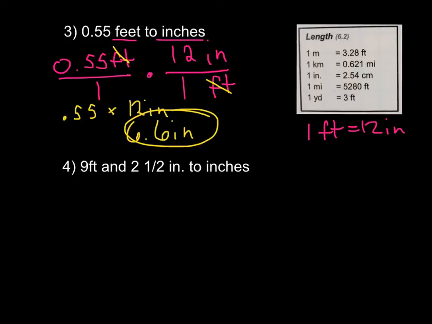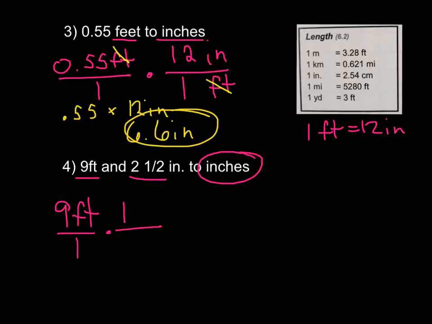Alright, so our next one, we've got 9 feet and 2.5 inches, and we're taking the whole thing to inches. So we're just going to deal with 9 feet first. So we have 9 feet over 1 multiplied by 12 inches is equal to 1 foot. All right, same thing. Feet cancel, feet cancel.